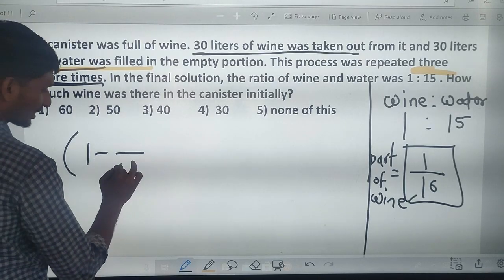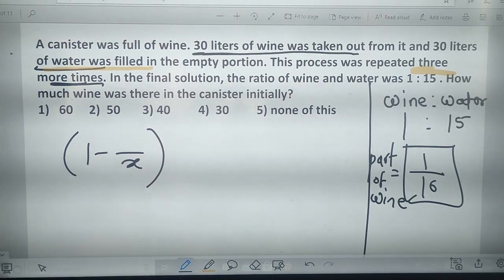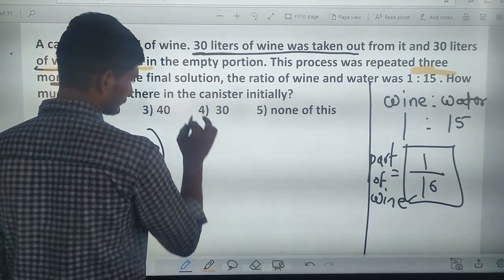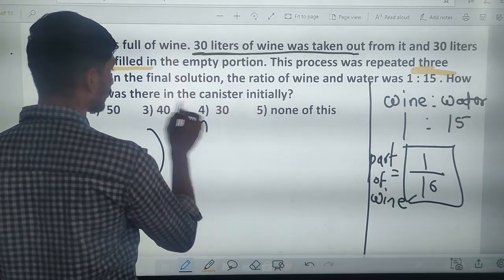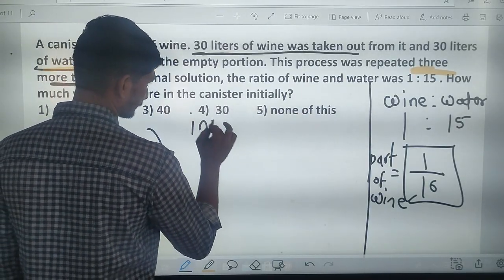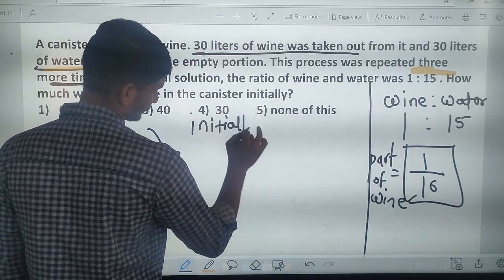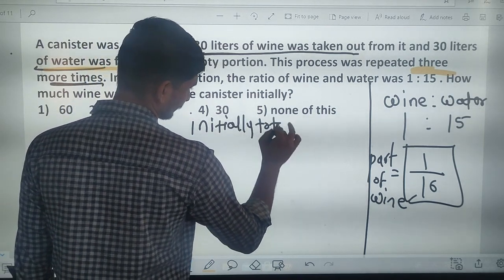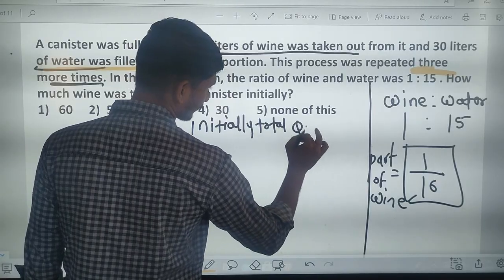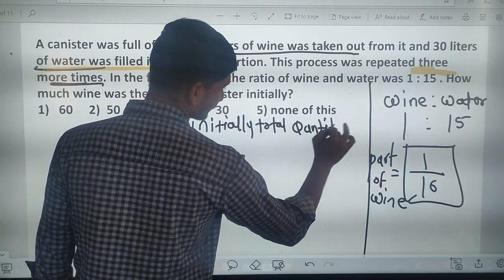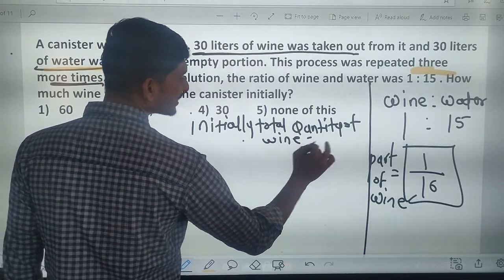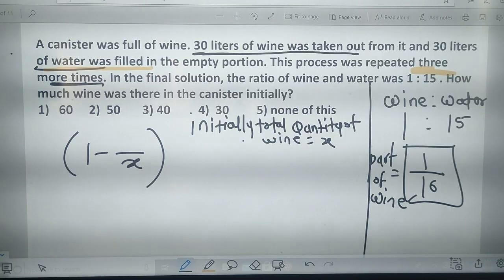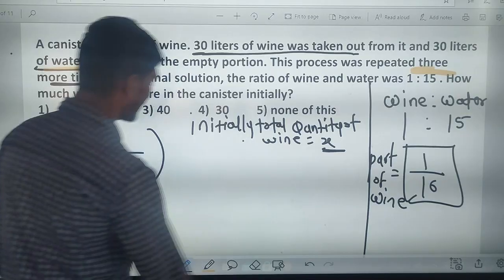1 minus, total quantity of wine, initially, we have to find the total quantity of wine. Initially the total quantity of wine is x liters.